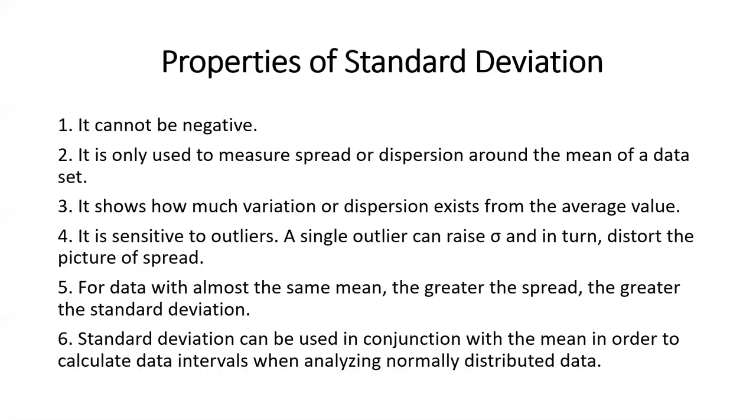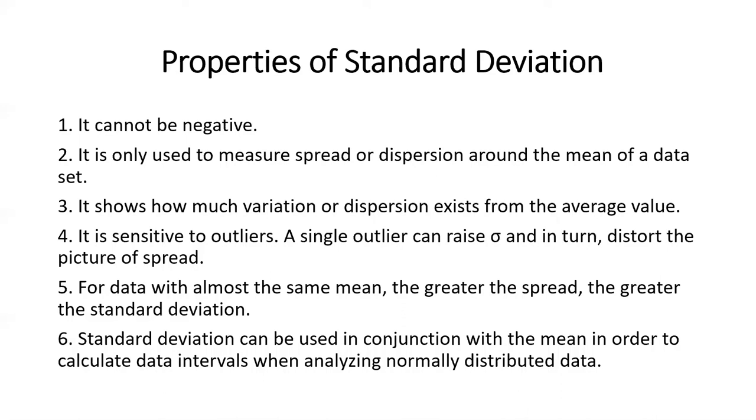So let's understand the properties. First, it cannot be negative. Standard deviation can't be negative because dispersion always exists. Then it is only used to measure the spread or dispersion around the mean of the data set.